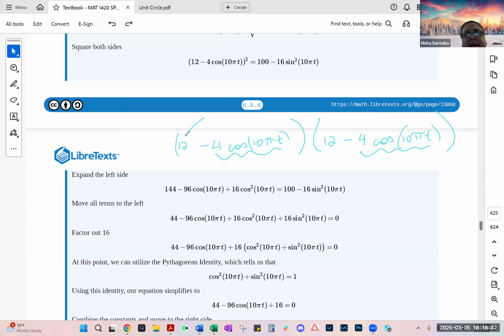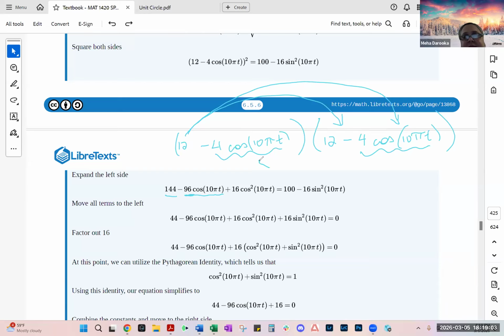You are multiplying 12 with 12, which is where the 144 comes from. Then we are multiplying 12 with negative 4 times cosine. Positive times negative is negative. 12 times 4 is 96. So you get negative 96 cosine of 10 pi t.